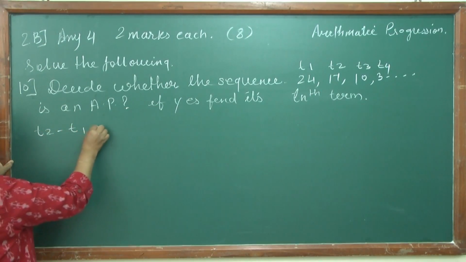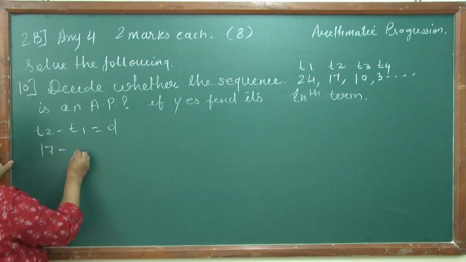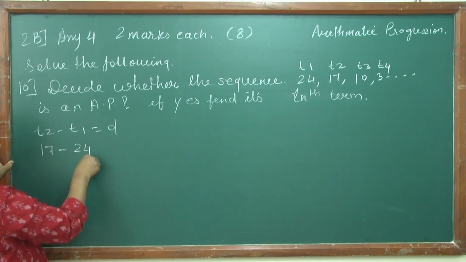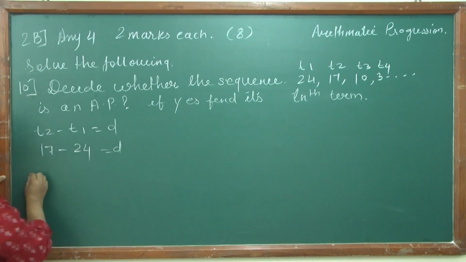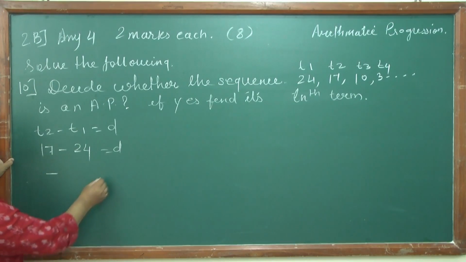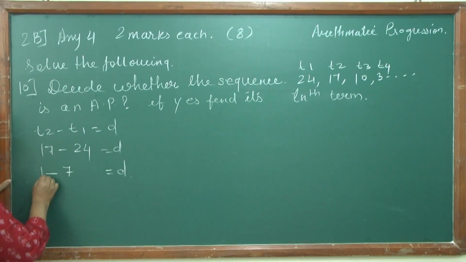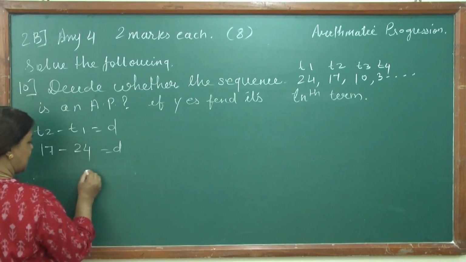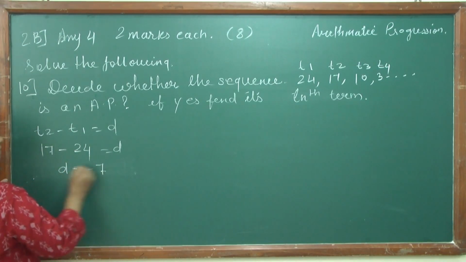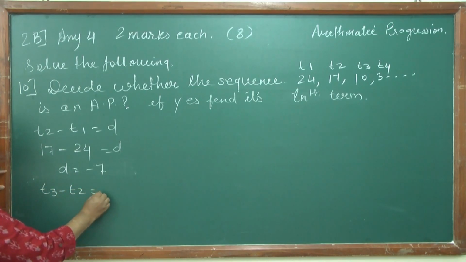T2 minus T1 is equal to d. What is T2? Yes, 17 minus T1, which is 24. So 17 minus 24, the sign will be minus, children, and it will be 7. So here we got d as minus 7. Let's go for T3 minus T2.